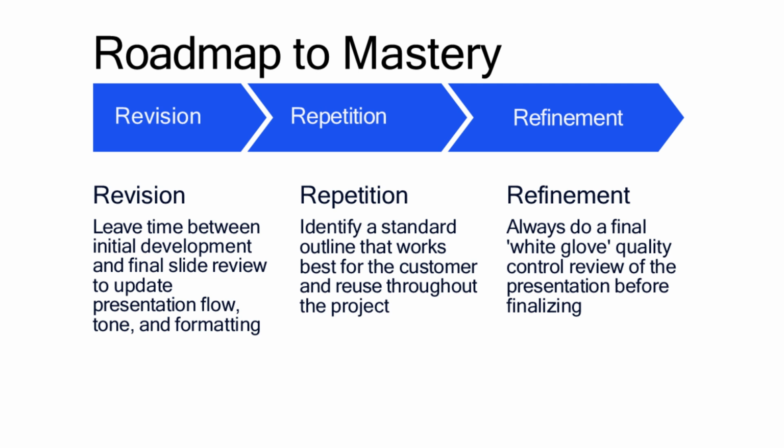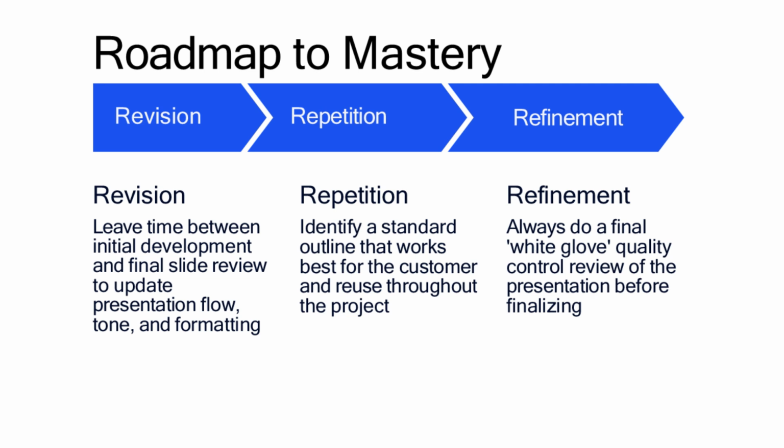Next is repetition. We just talked about identifying a standard outline that works best for each specific customer. As a project manager, you might be managing more than one project, and the way that each customer best receives and processes information might be different.